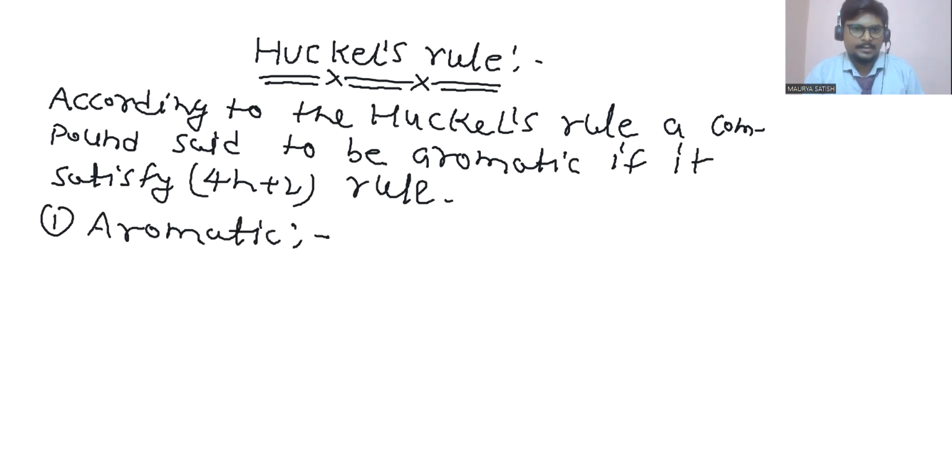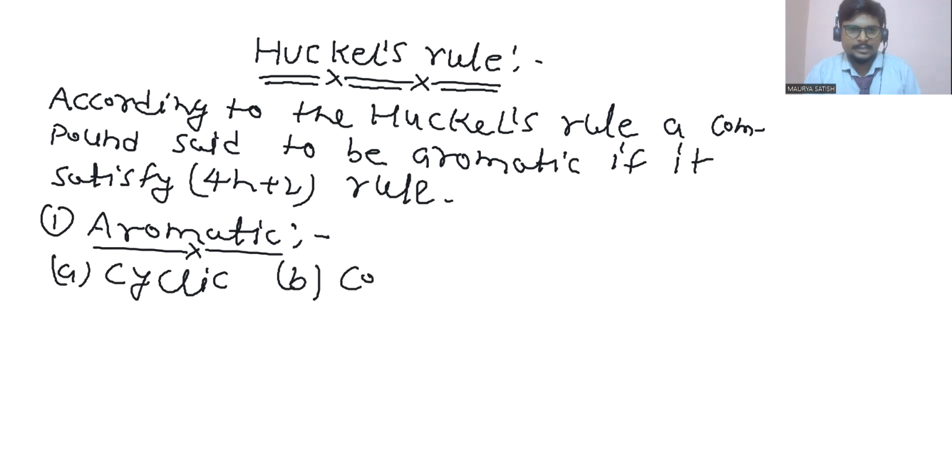Aromatic. Let us see what is aromatic. So we have four rules to satisfy aromaticity. First one is it should be cyclic. The compound should be cyclic. Then the second one is conjugation.